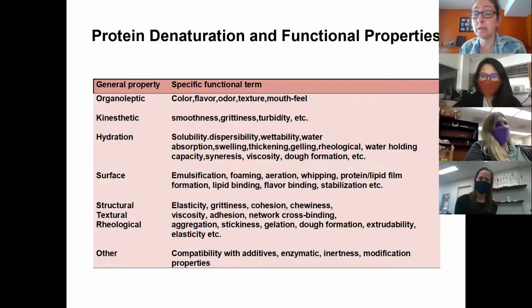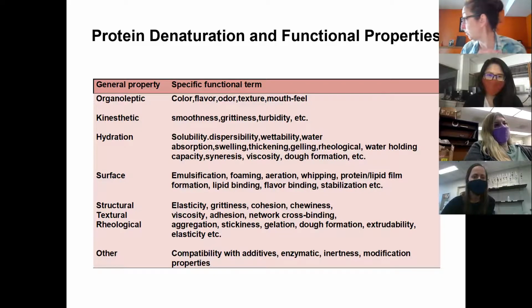Swelling, viscosity, water holding capacity, anything that has to do with interaction with water has a hydration property. Surface property, anything that has to do with surface interactions, such as emulsion formation or foam formation, where we rely mostly on the surface properties of the protein and their interaction with the different phases.